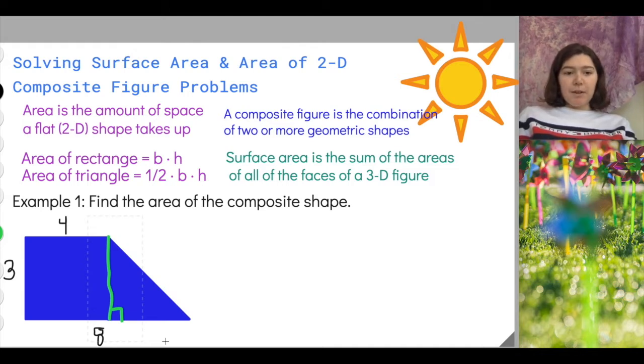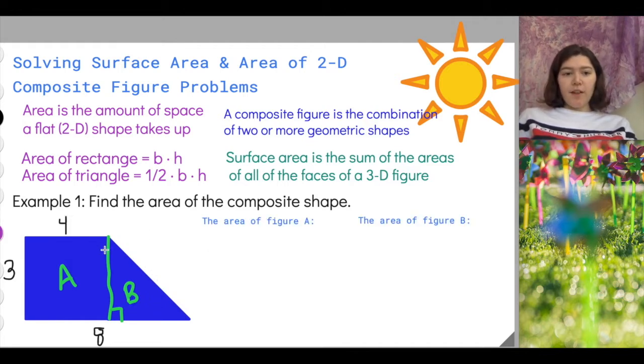And now I just want to make sure I find the area of figure A, which is my rectangle, the area of figure B, which is my triangle, and I'm going to add them together. So for my area of figure A, this is our rectangle, right? So then the formula for area is going to be that my area is equal to the base times the height, or the length times the width, okay?